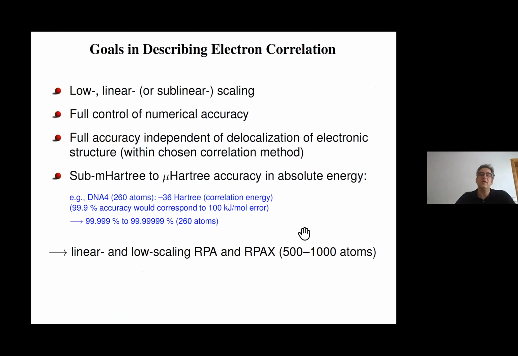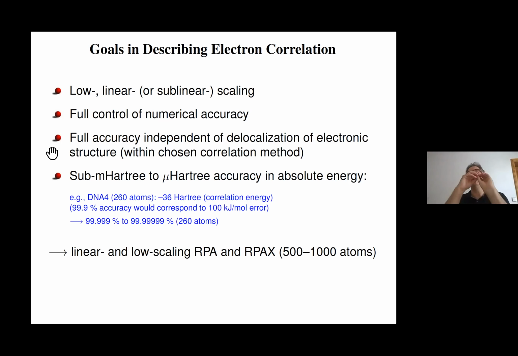So let me describe briefly the goals in describing electron correlation. So we want a low or linear scaling, and sometimes even sublinear scaling method for some properties, that works if it's a local property. We want to have full control of the numerical accuracy, and we want to have the full accuracy independent of the delocalization of the electronic structure.